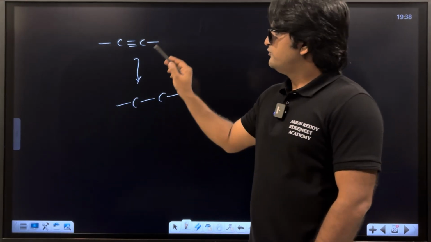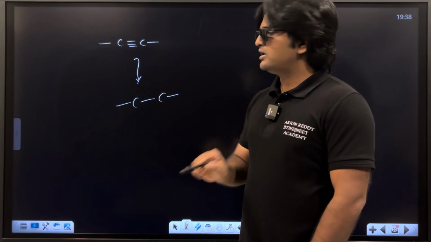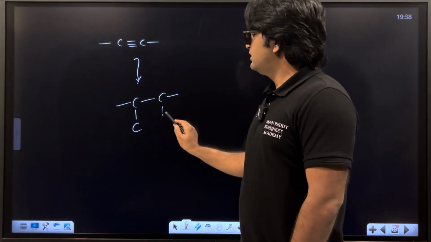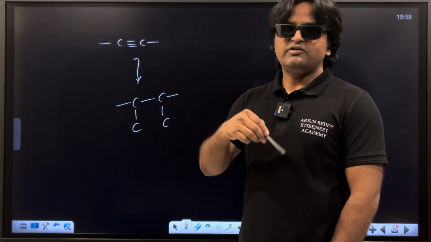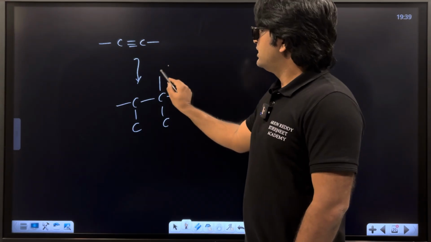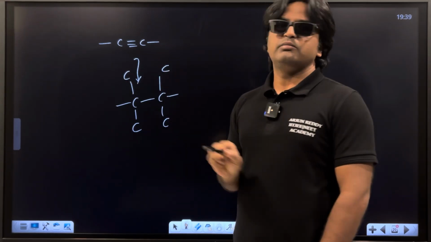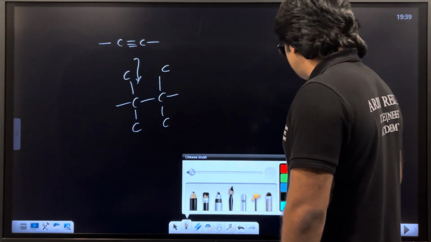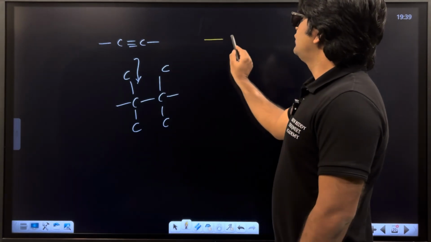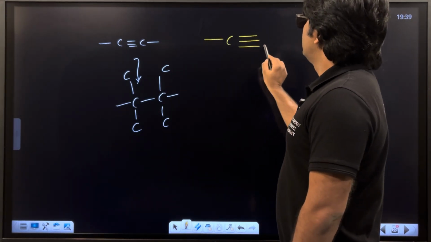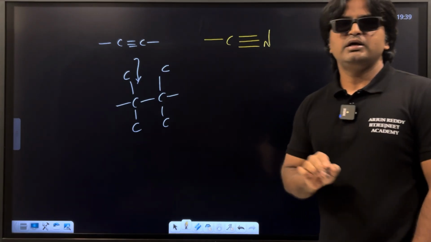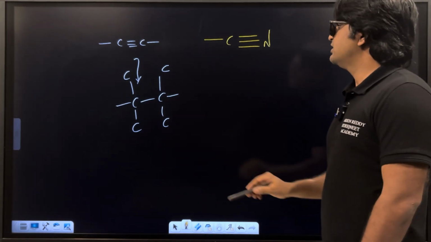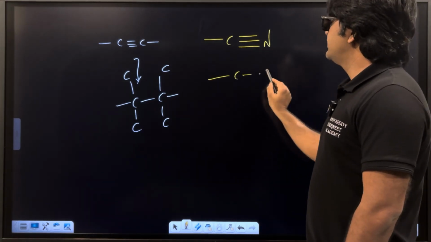For example, if you break one pi bond, then connect carbon and carbon. After breaking the second pi bond, again connect carbon and carbon. Okay, that is the way of applying triplication. In case of triplication, we are breaking two pi bonds. For example, C triple bond N is given. How are we applying triplication?